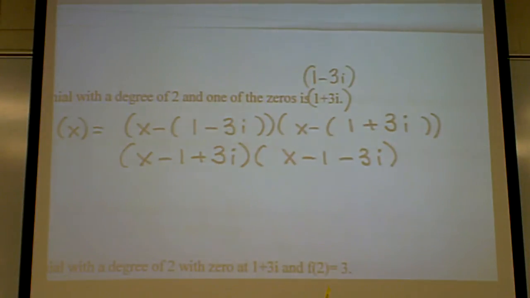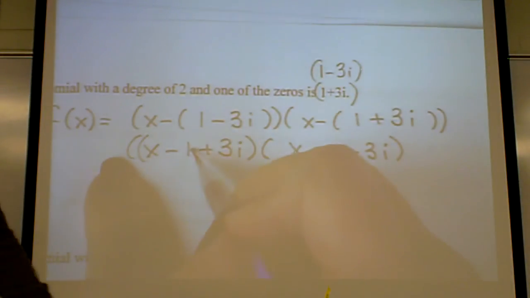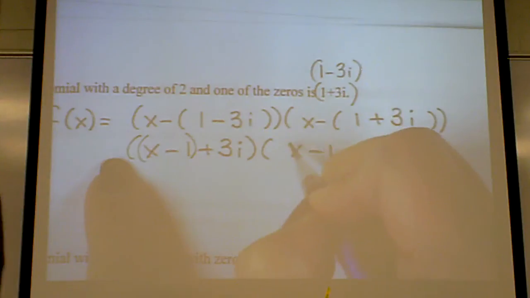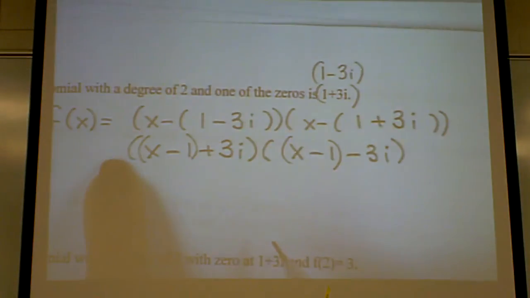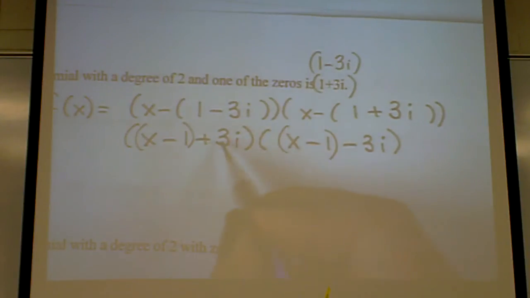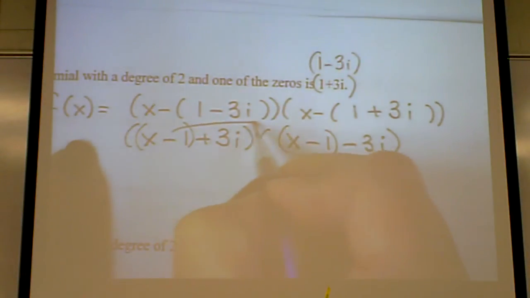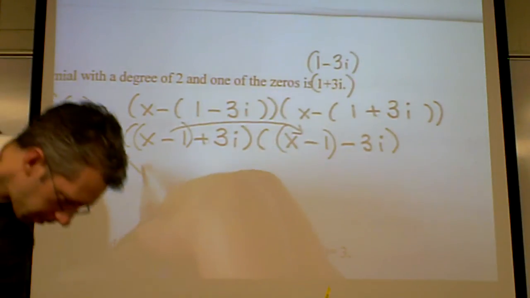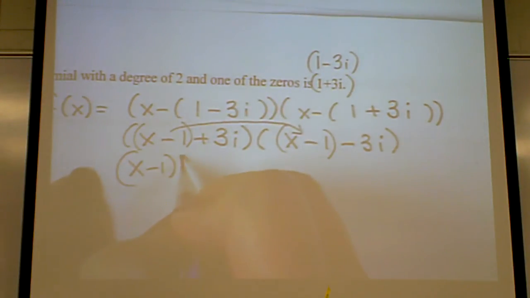Our goal is to make this simple to factor, and we can by regrouping, putting parentheses, you're shifting the parentheses to these two. Because now when I FOIL, I've got the difference of 2 perfect squares. So what you're going to do is x minus 1 times x minus 1 is x minus 1 quantity squared.